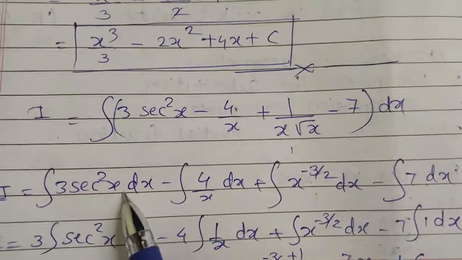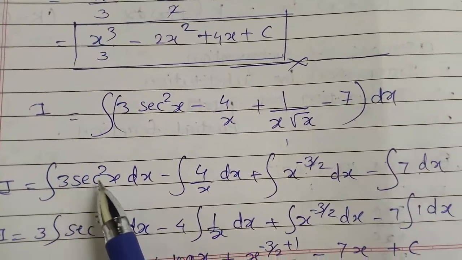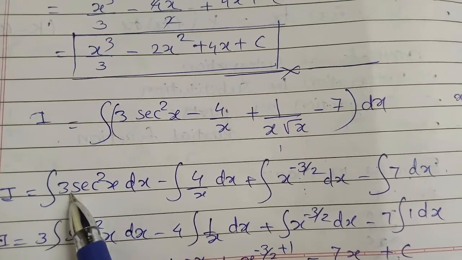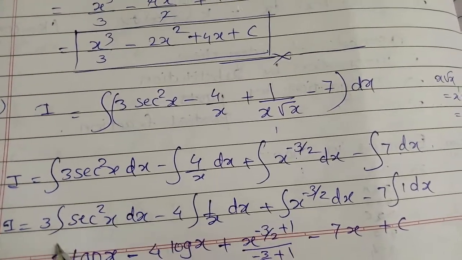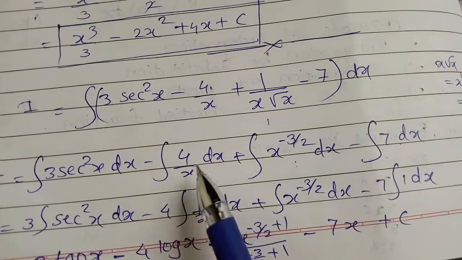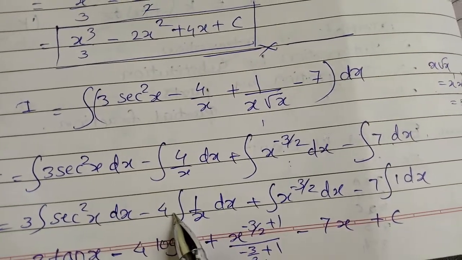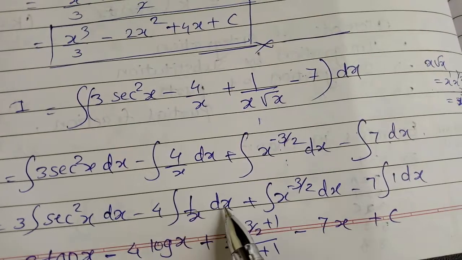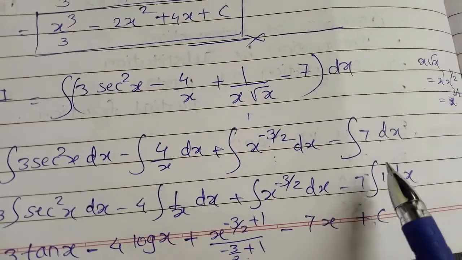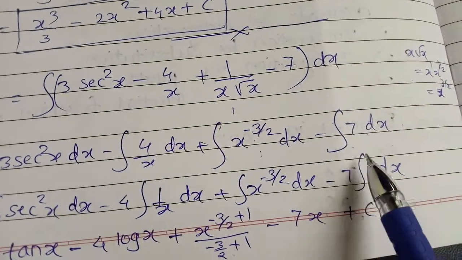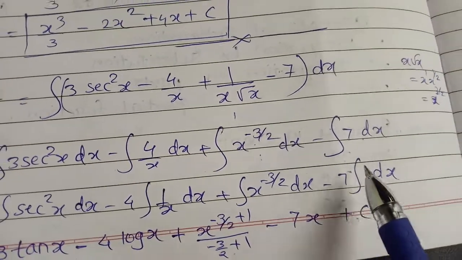After that we have to separate the constants from each term and put the constant outside the integration sign. So 3 integration of sec square x dx minus, we take this 4 outside the integration sign, so 4 integration of 1 upon x dx plus the integration of x raised to minus 3 by 2 dx, and also we take this 7 outside the integration sign, so there is 1.